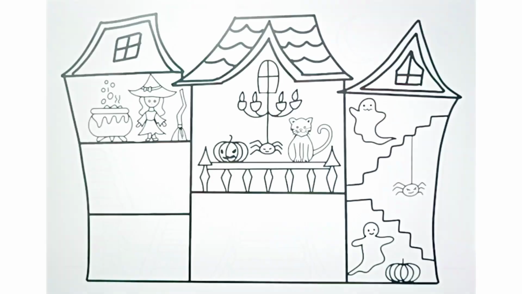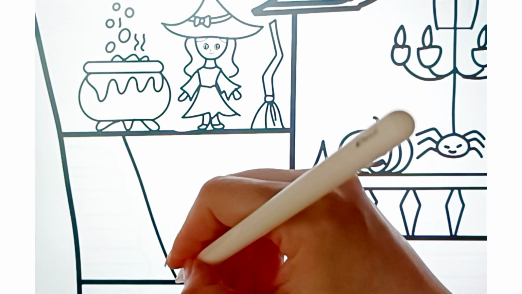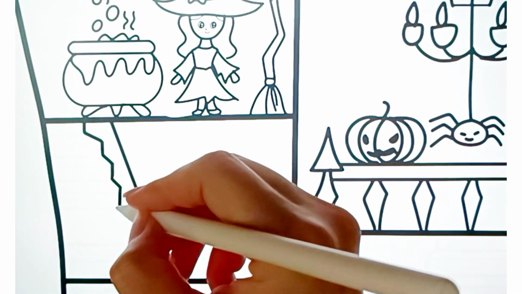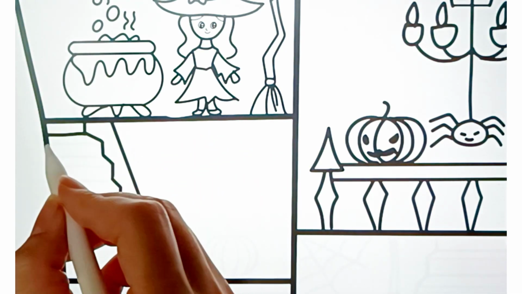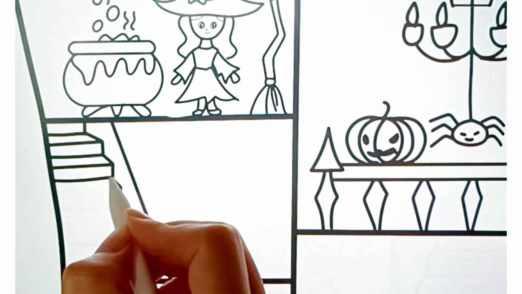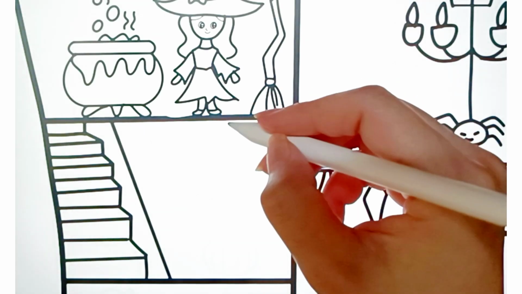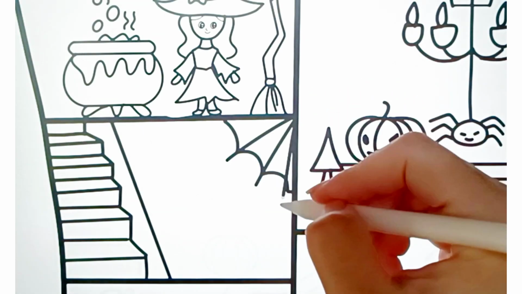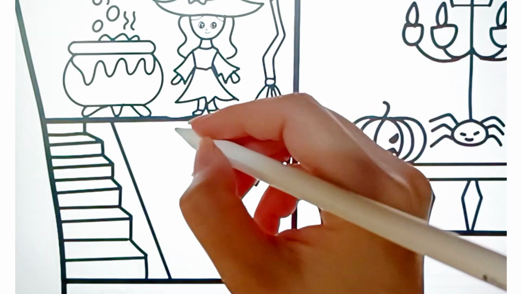Now, back to the left side. There's another staircase winding up from the ground floor. It leads right to the witch's room. Let's add a web in the top corner and a spider guarding it.